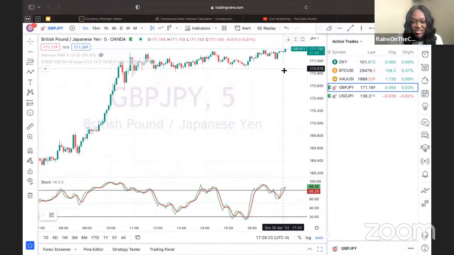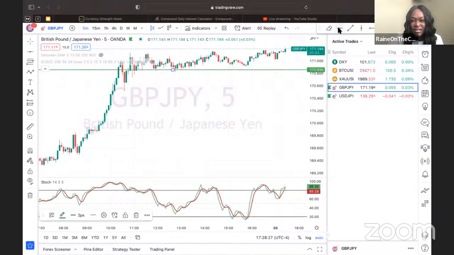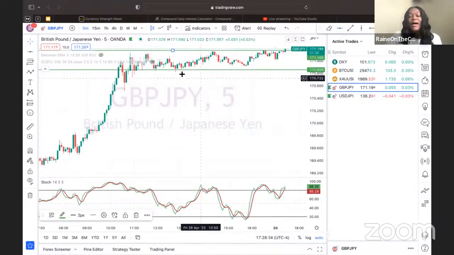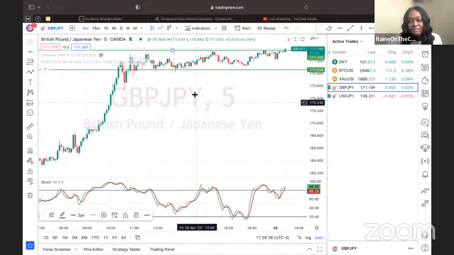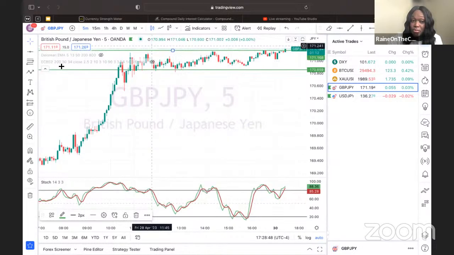It's right here. So that's the floor. That's the ceiling. And the price is not breaking up above or below. It's just playing around inside two lines, right? So this is the floor or support.